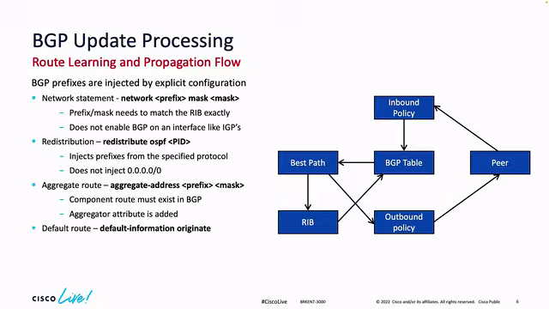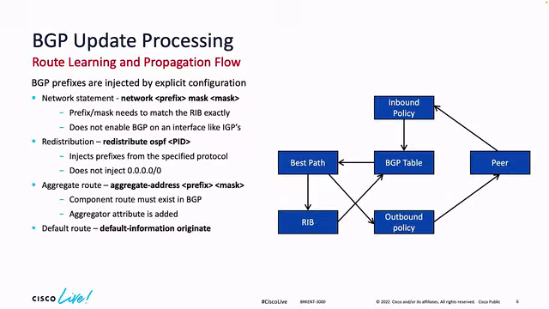What are the ways for the operator to install routes in the BGP table? First, we can do it through the network statement, right? The network statement essentially allows you to inject any route that's in the local routing table of the router inside the BGP table.